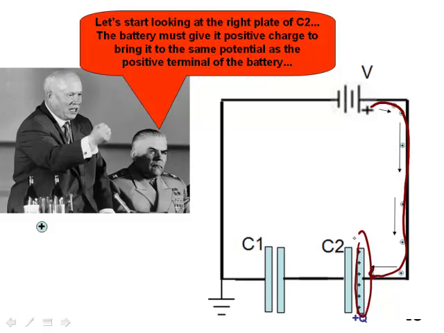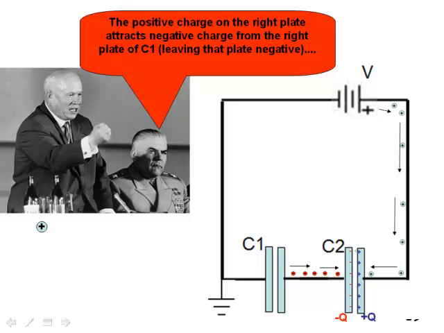When that happens, that plus Q is going to attract negative charge from over here. So the electrons are going to move over here and end up on this plate, so that we end up with minus Q on the second plate and plus Q on the first plate. That's how capacitors always work. You always have plus Q and minus Q. You already knew that, didn't you? You better, because it was in one of the previous shows.